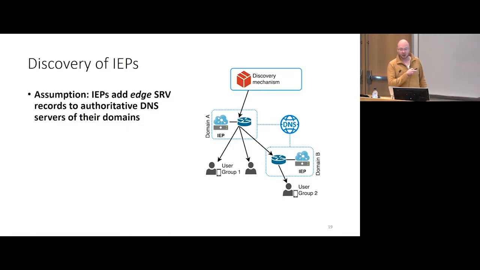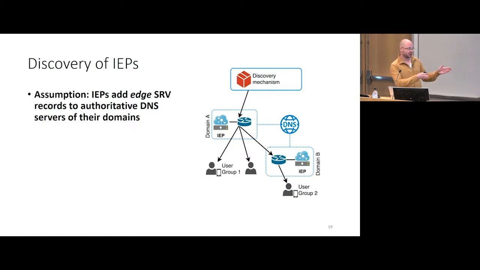So next, how will an intelligent container discover those independent providers? We sketched a simple DNS discovery mechanism so that it does not require any controllers, any special services.